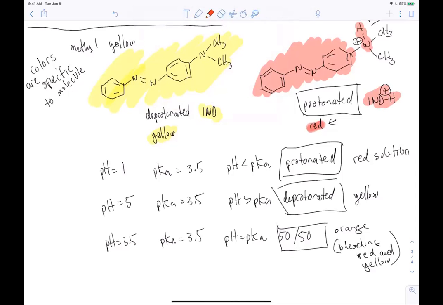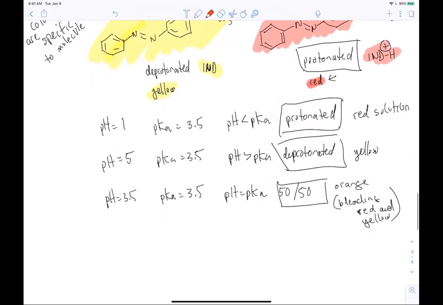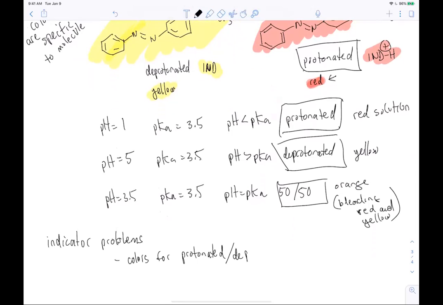And so in an indicator problem, the colors for the protonated and deprotonated forms are specified.